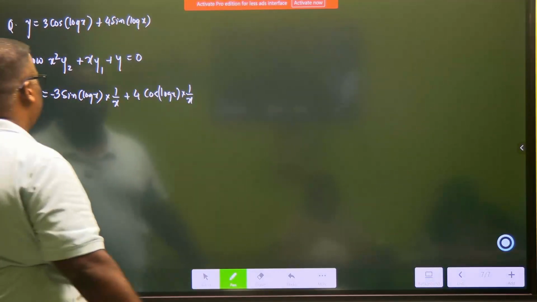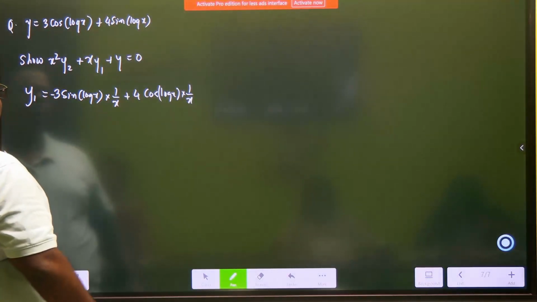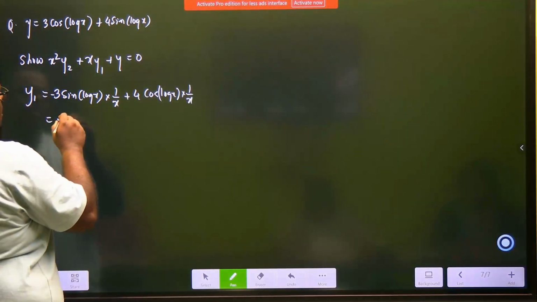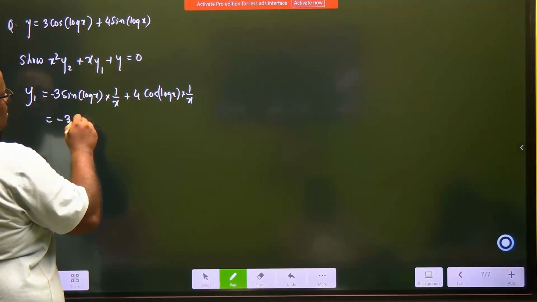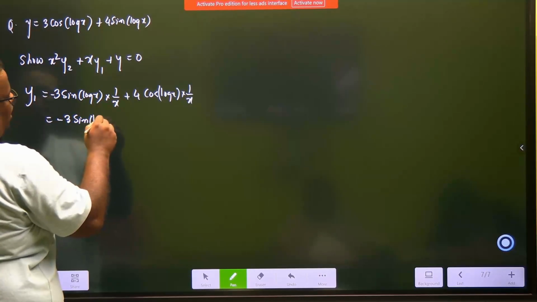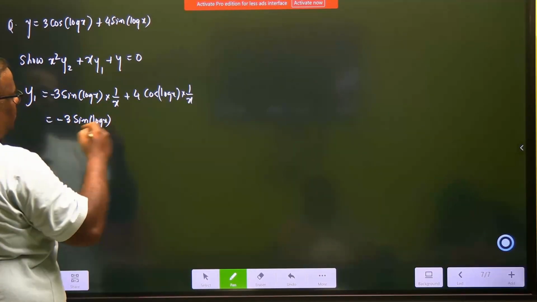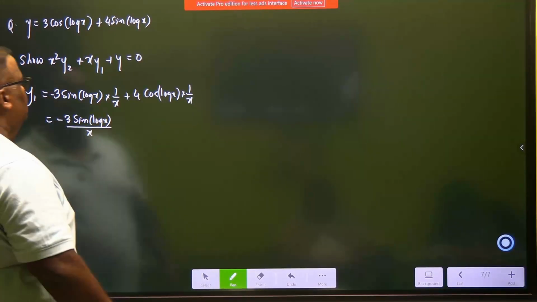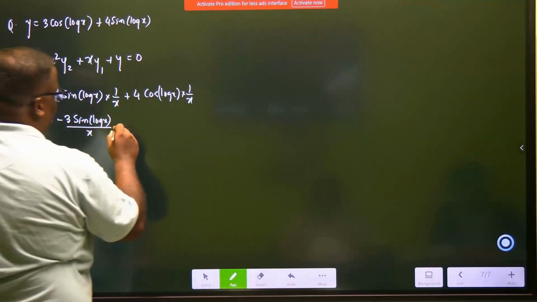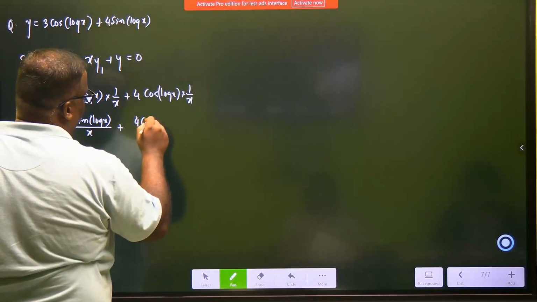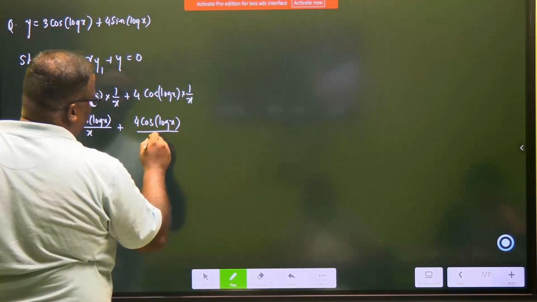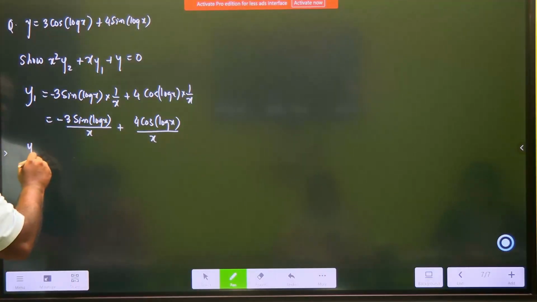This can be simplified as -3 sin log x by x plus 4 cos log x by x. Now I'm going to find out y2.